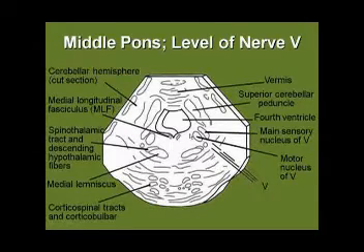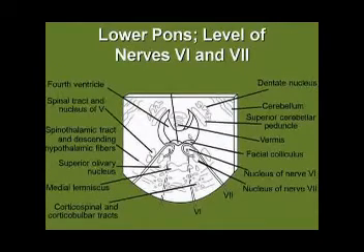Now let's move to a lower pons section, again having characteristics of a pons section, fourth ventricle overlain by the cerebellum. But now we're very close to the pontomedullary junction, and as we'll see when we go through these slides again, we're in the territories of cranial nerves 6 and 7.